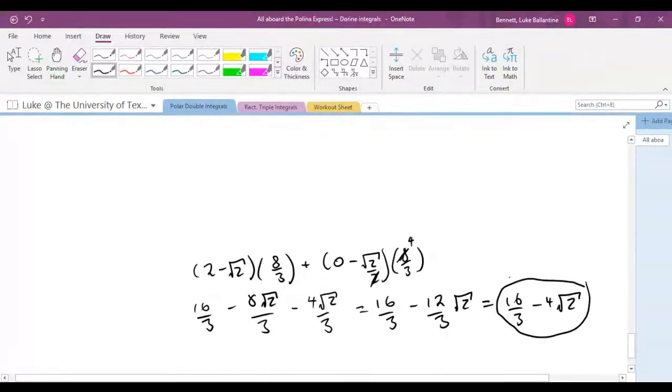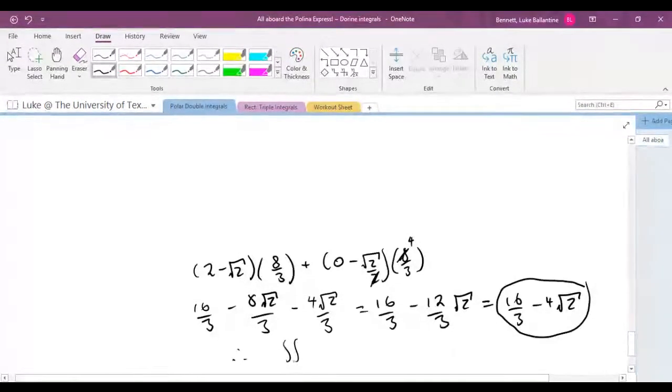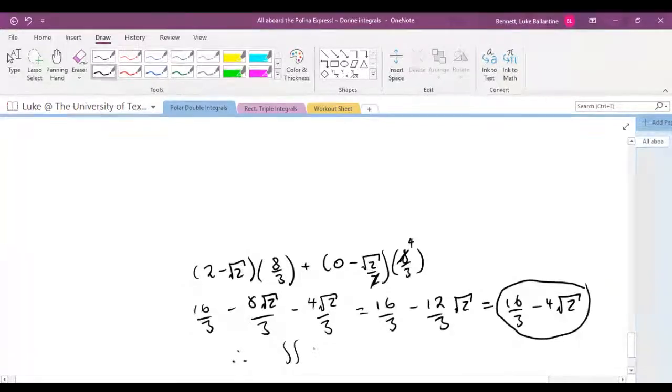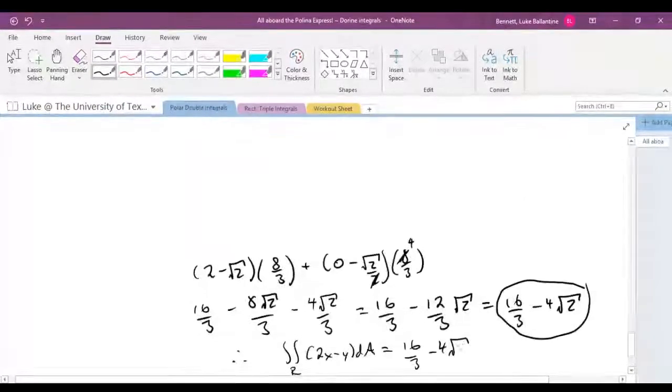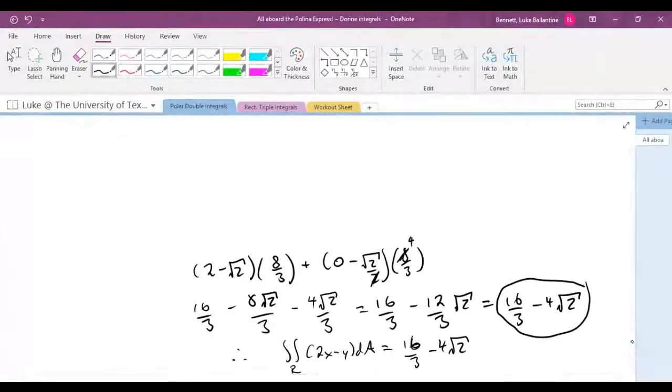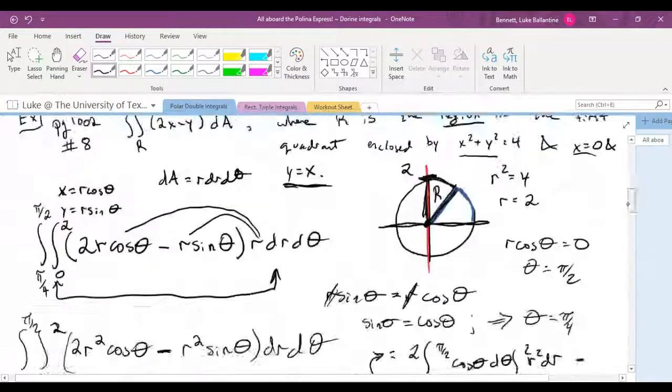That's the answer. So therefore, the double integral of 2x minus y dA over R is equal to 16 over 3 minus 4 square root of 2. So that's the answer to this one.